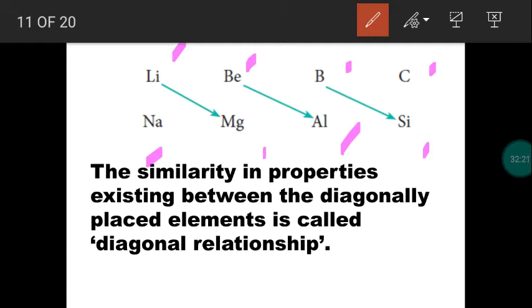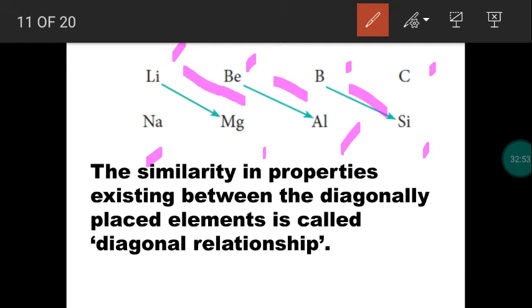So when we consider second and third period elements, there will be similarity between these elements when we approach diagonally. So this is called a diagonal approach, right? Second and third period elements will have similar chemical properties when we approach them diagonally. So this is called a diagonal relationship. The similarities in properties existing between diagonally placed elements, this is called a diagonal relationship.